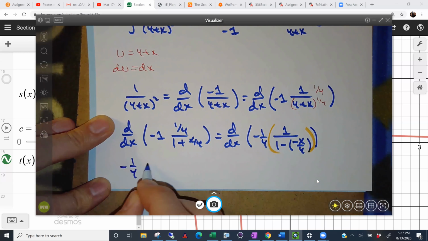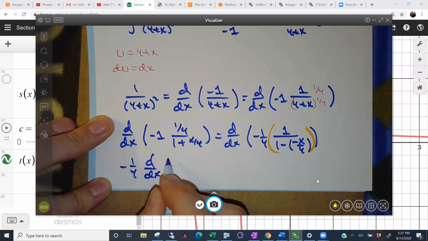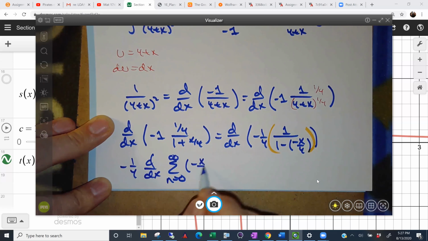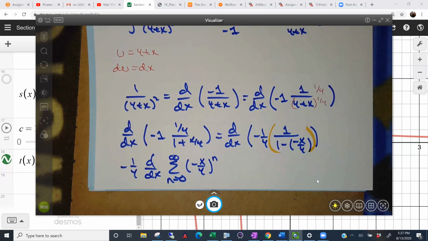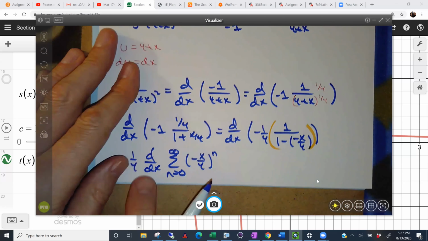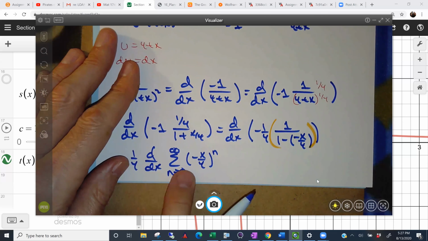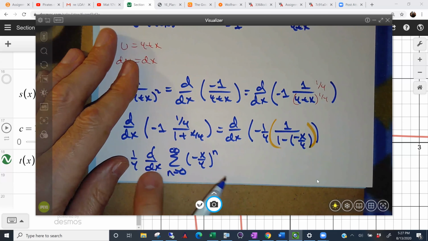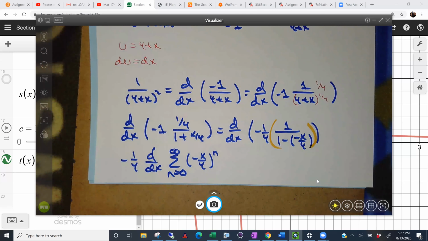Negative 1/4 times d by dx of the sum from n equals 0 to infinity of negative x over 4 to the nth power, like that. And now I can interchange these two operations, summation and the derivative. There's only one thing stopping me, and that is I'm running out of room.